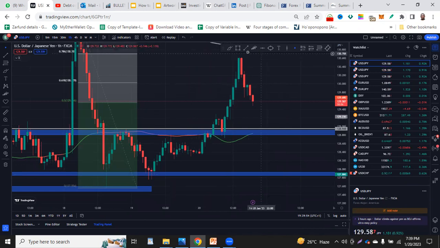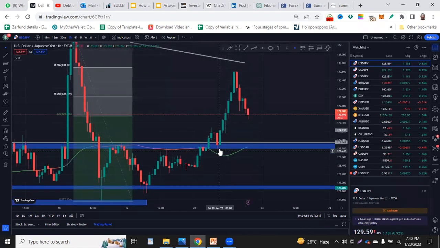Now, remember what we said, this is actually from here to here. Watch this. From this area to this area can actually be seen as the recent swing high and swing low for USD JPY right now.